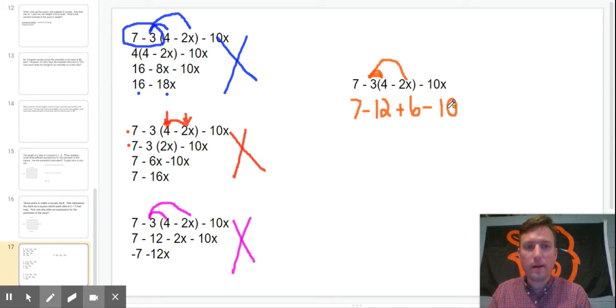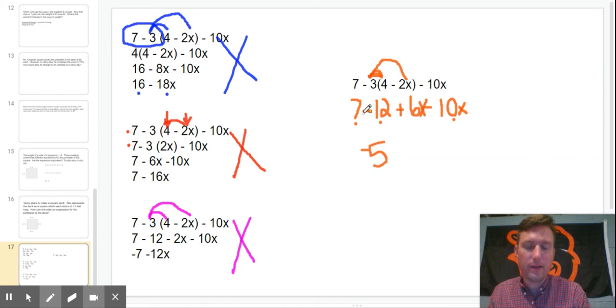Now, again, we are not solving this. We're just trying to put our constant terms together and our variable terms together. Oops, I'm so sorry. This should be 6x. Okay, good. So we're just trying to put them together. So I have 7 minus 12, and 7 minus 12 is going to give me -5. Okay, you find the difference and take the sign of the larger number.